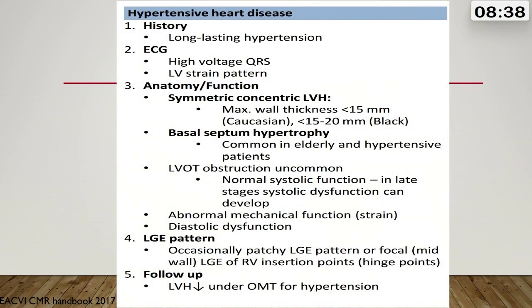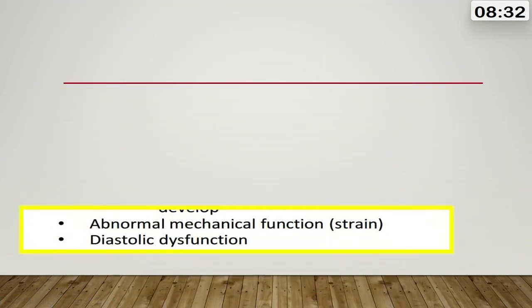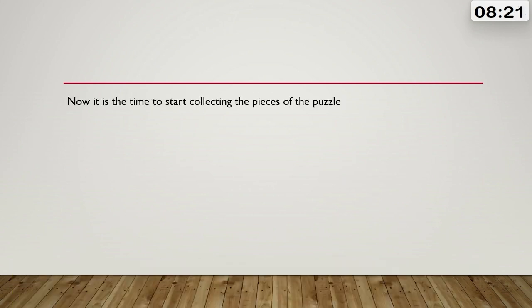I'm not going to go through hypertension, but a patient with LVH from long-standing hypertension, with regression of this LVH after optimizing medical therapy, points towards the underlying etiology, that it is long-standing hypertension.